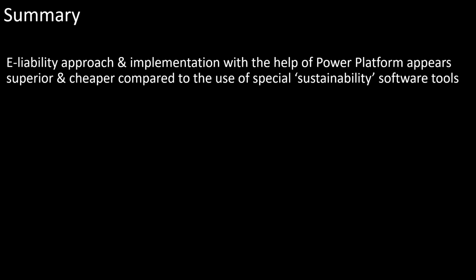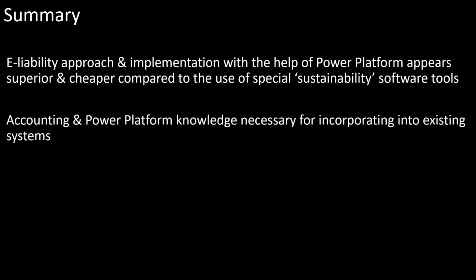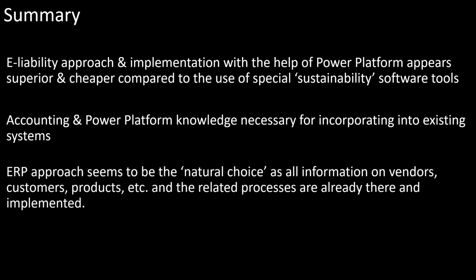Because you already have your systems there, you use them, and then you use the Power Platform just to extend it. And the important thing here is that the accounting and Power Platform knowledge is necessary to incorporate this, but most of the time this knowledge is already there, because finance and accounting people have of course the accounting knowledge, and they are typically the ones that are responsible for that. And then Power Platform is also a tool that is often used there.